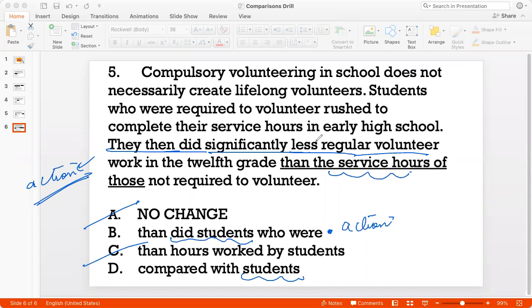Then I'm comparing students with students, right? But if I have an action that I'm comparing, which is to say students forced to volunteer did less volunteer work in grade 12 than did students who were not asked to volunteer, here the comparison is between actions, and so the best answer is option B, right? Okay, so that was a comparisons drill.